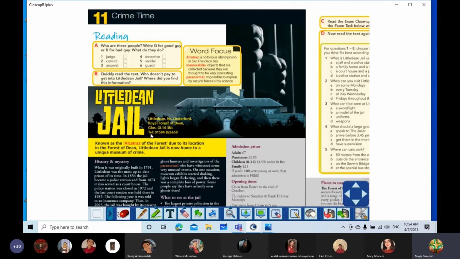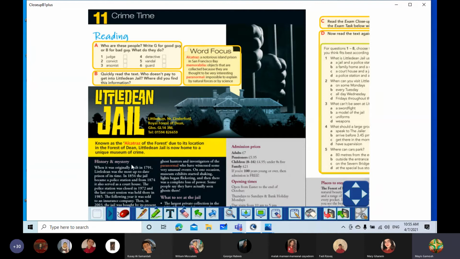We have also here a telephone number which is 01594826659. So here we have the name or the title of this place, which is stated in the picture, Little Dean Jail, and we have also the address, the location, and how we can get there, the location of this jail.